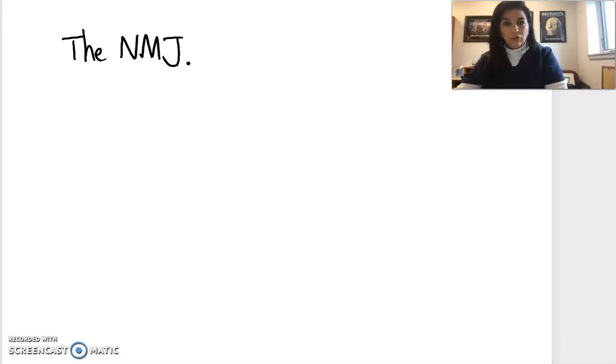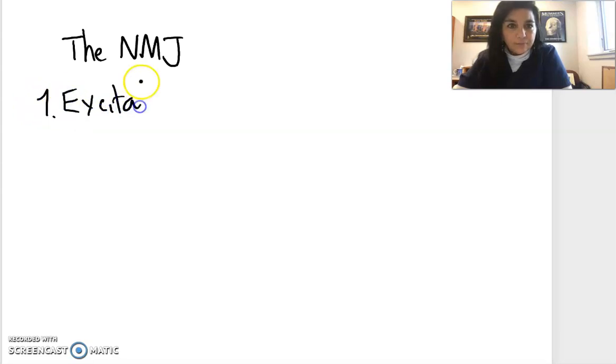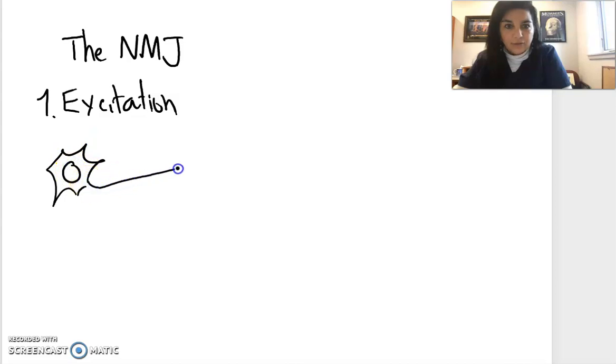So we're at the neuromuscular junction, and what I'd like to discuss first is the excitation event. All right, so think of a neuron that has a cell body in the central nervous system and has a long axon.